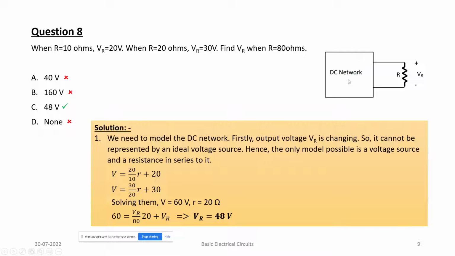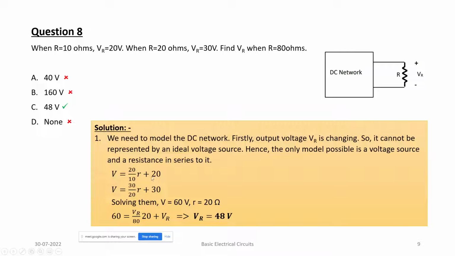Now we can write the equations. For the voltage V, you can apply KVL. So V equals how much? V equals VR, which is 20, plus the current flowing, VR by R, so it's 20 by 10, into the small r, the unknown series resistance.